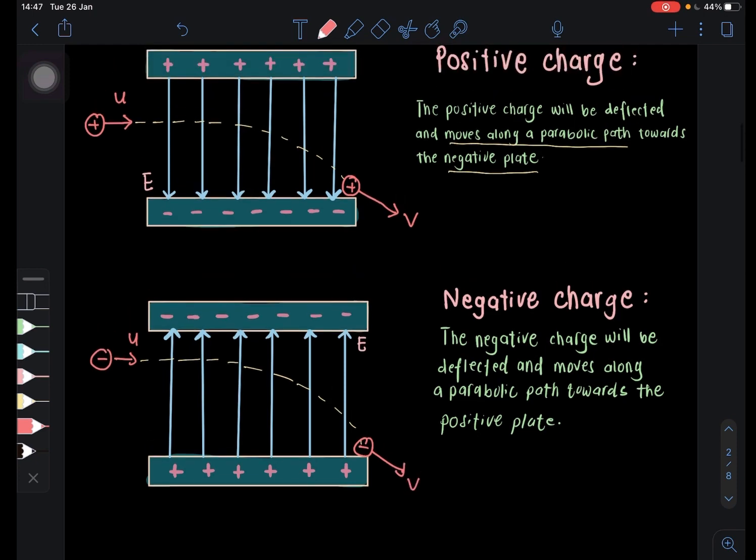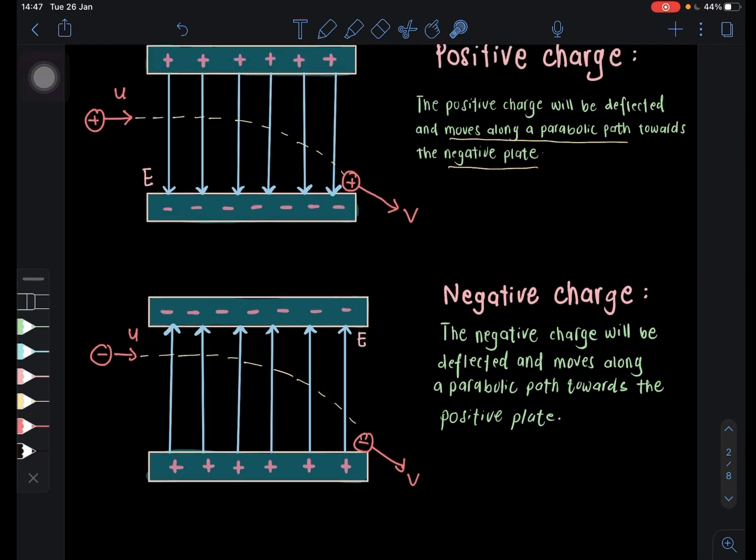Kalau kamu perasan dekat sini, I just invert the positive and negative. So this one positive dekat atas, negative dekat bawah, and for this one is negative dekat atas, positive dekat bawah. So always negative akan attract to positive, and positive akan attract to negative. So it will be deflected along a parabolic path towards the positive plate.